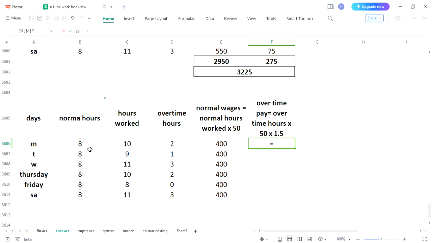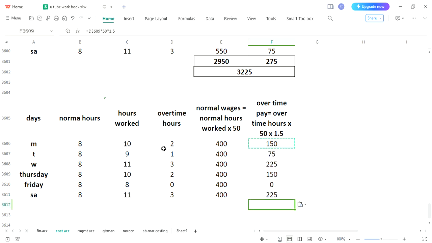In 8 hours overtime was not included, and in your question it was required to pay overtime payment time plus half, that means 1.5. Overtime hours were 2, and it would be multiplied with 50 per hour and then multiplied by 1.5, which was the actual instruction of the question. So in this way you will calculate your amount of overtime for every day.